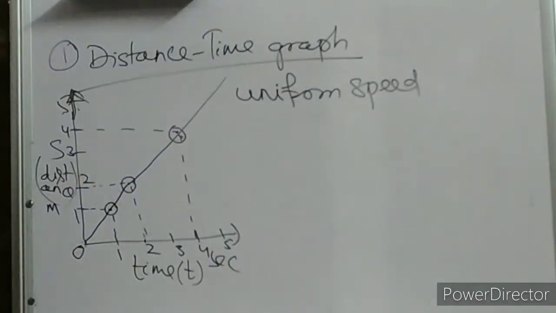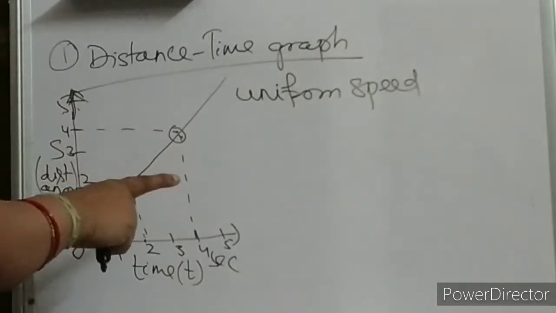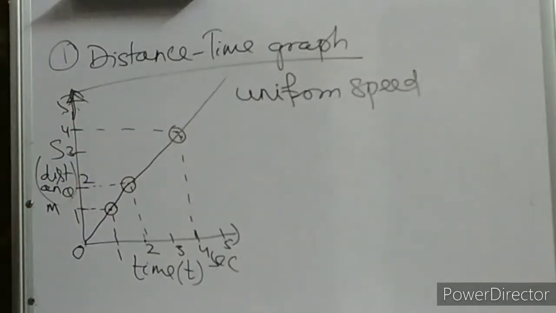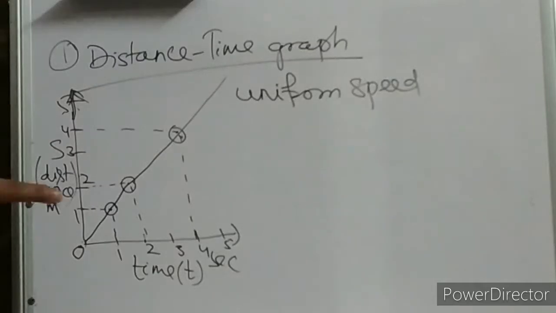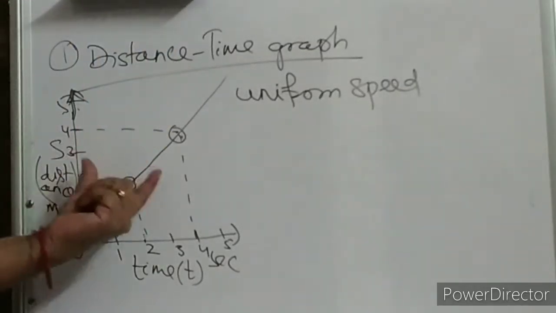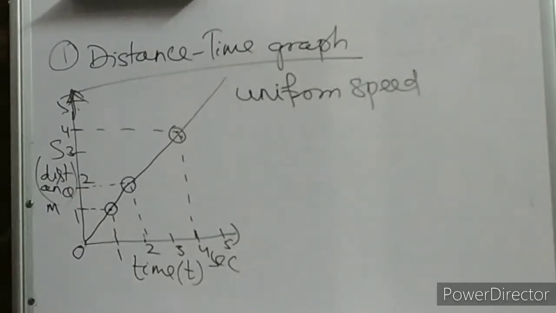So from the distance time graph, if the body covers equal distances in equal intervals of time, that means it is moving with uniform speed or uniform velocity, and the graph is a straight line. What information are we getting from this graph? We can calculate the speed from this graph, children.